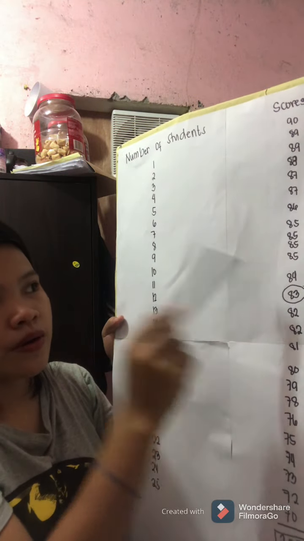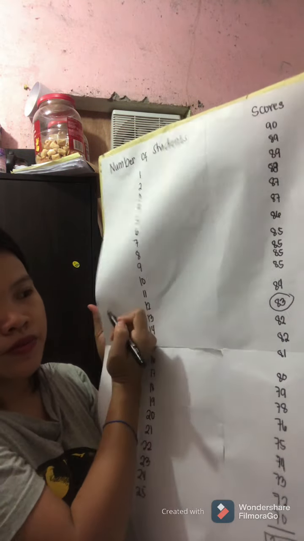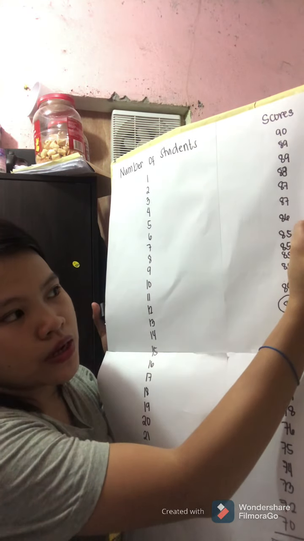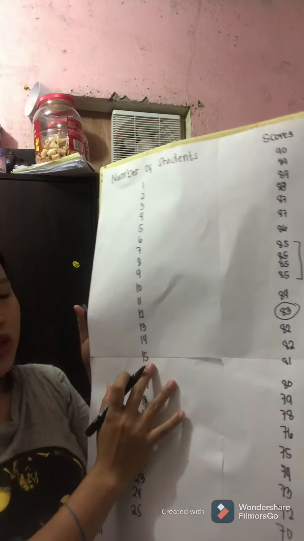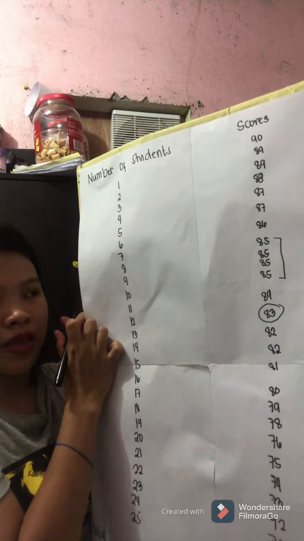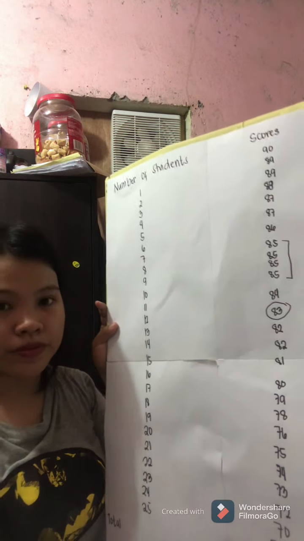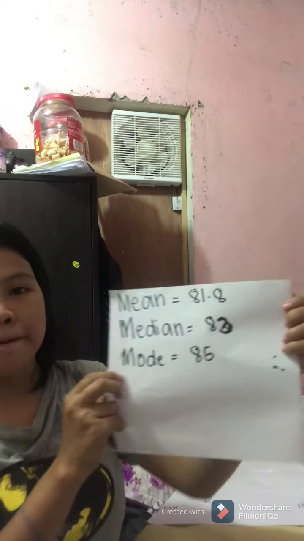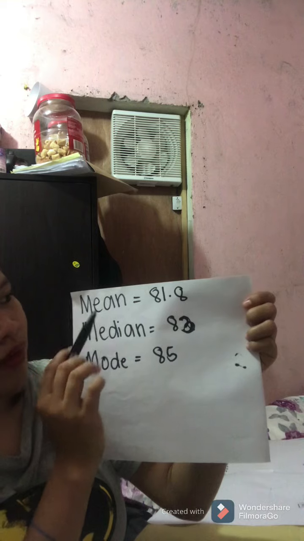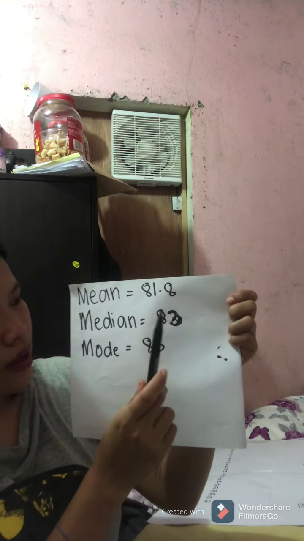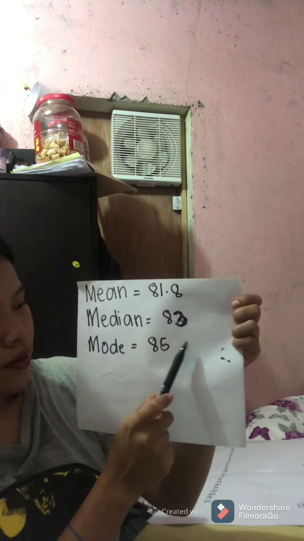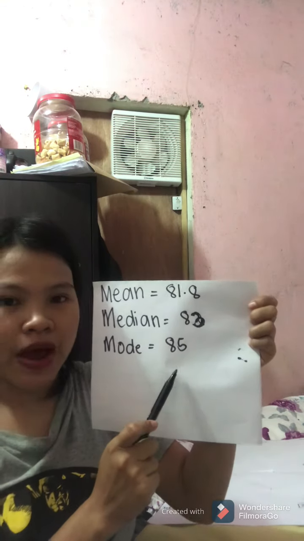As you can see here, the frequently repeated number here is 85. So our mode is 85. So here are the values of our mean, median, and mode. We have here the mean 81.8, median 83, mode is 85.